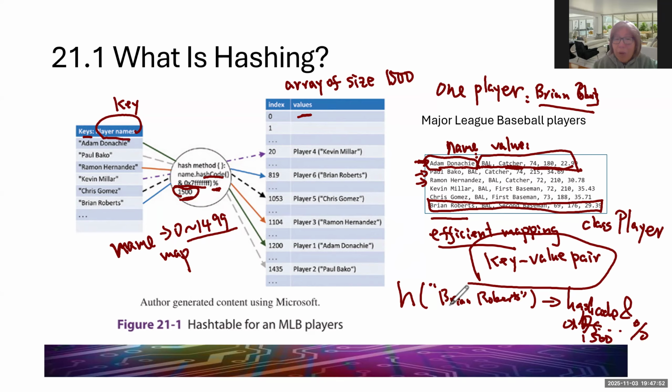Then it will generate some integer, which in this case is going to be 819. So this 819 will be the index of this array. You don't need to do a one by one record search or comparison to find player Brian Roberts. You just apply this, find the index, and locate this player.